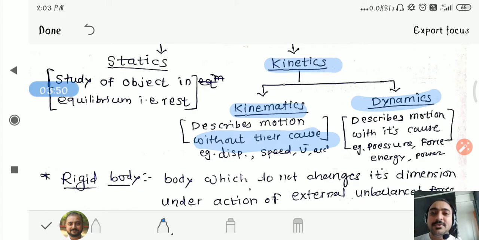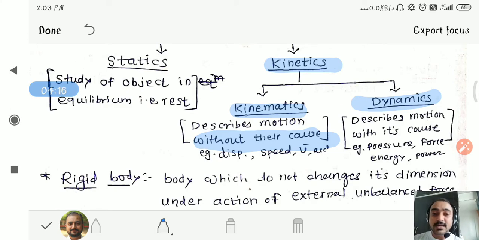While dynamics is the branch of physics which deals with the study of objects with their causes, or which describes the motion of the object with its cause. Means a car is moving with 100 km per hour. Why is the car moving with 100 km per hour?